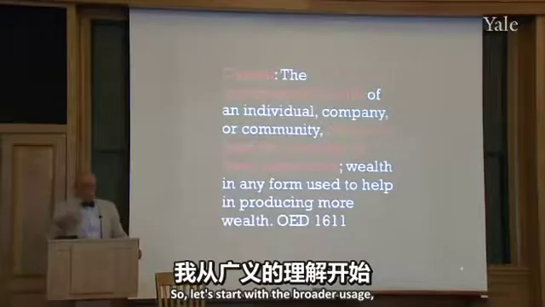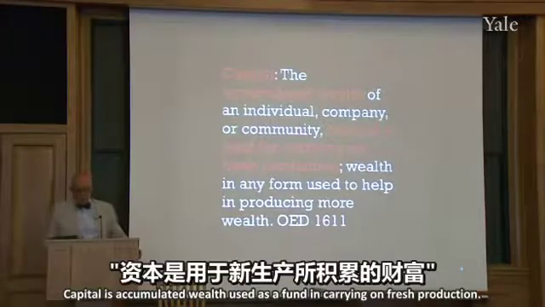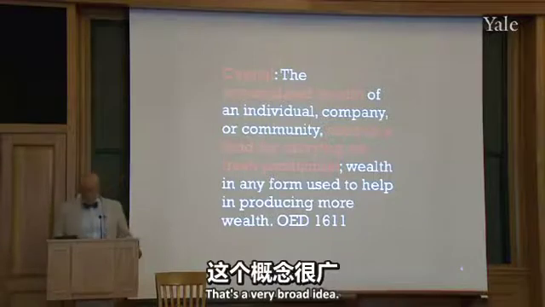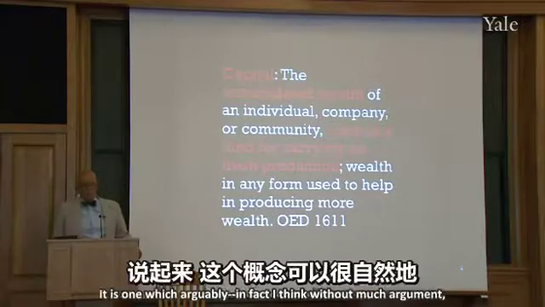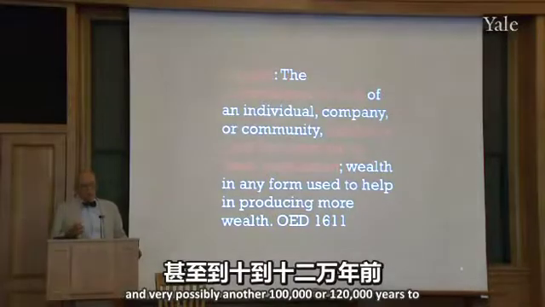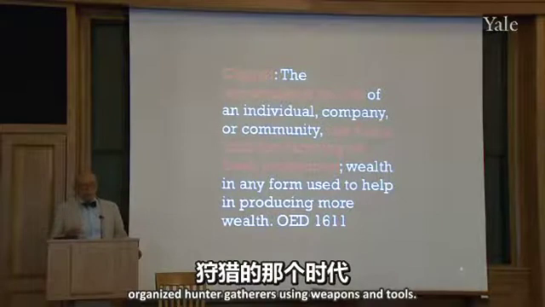So let's start with the broader usage. Capital is accumulated wealth used as a fund in carrying on fresh production. That's a very broad idea. It is one which arguably, in fact, I think without much argument, goes back 10,000 years to the establishment of agricultural society, and very possibly another 120,000 years to organized hunter-gatherers using weapons and tools.